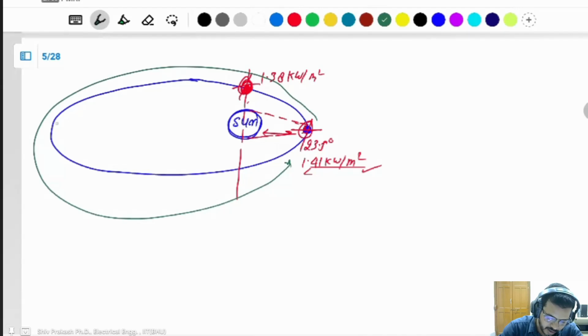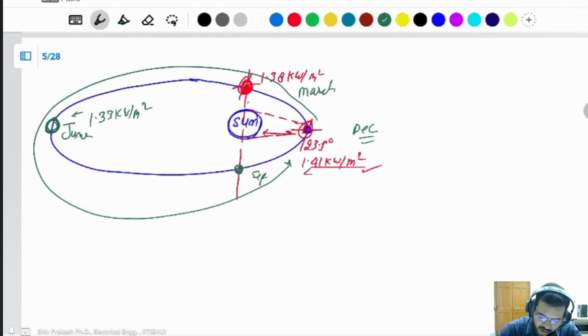Next, if I take the months, this is the December time, this will be March, June, and this is the September time. If the earth is here, then at this point the insolation is 1.33 kilowatt per meter square, and at this point it will be the same 1.38. This will also be 1.38, like that.